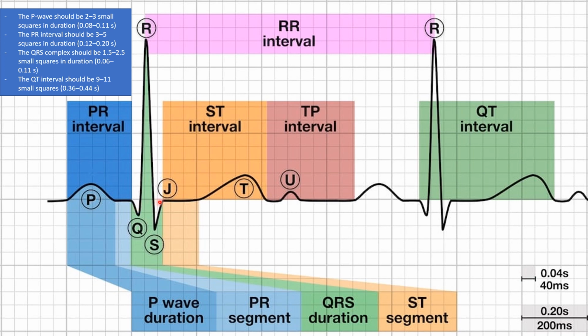Because if it's wide, and we'll talk about that later, we may think of pathology in terms of arrhythmias or hemiblocks or bundle branch blocks, for instance. There are other pathologies as well.